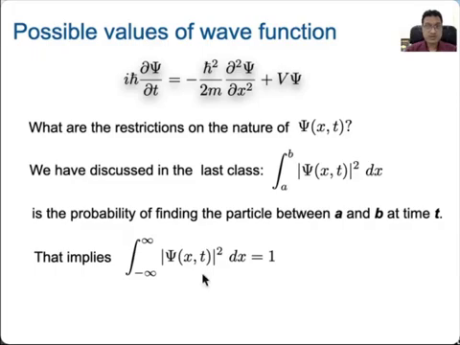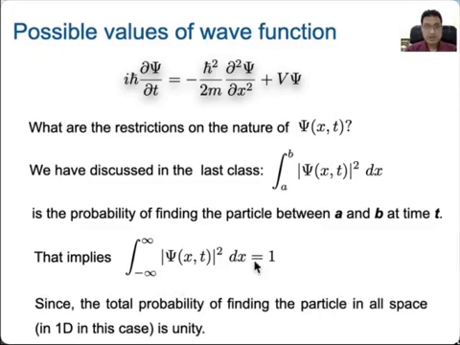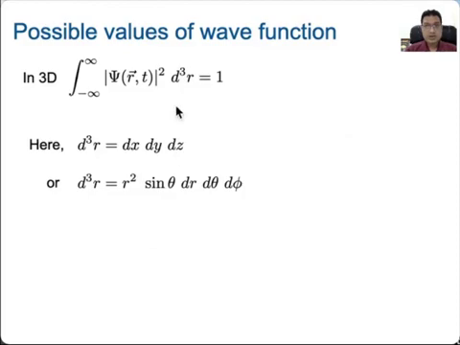So this is the first restriction, that whatever form of the wave function you are choosing, it has to satisfy this condition. Okay. This is what we have talked about. So in 3D, instead of x, you can say now I have the variable r, and again it has to fulfill this condition, where this d3r is the volume element in Cartesian coordinates.